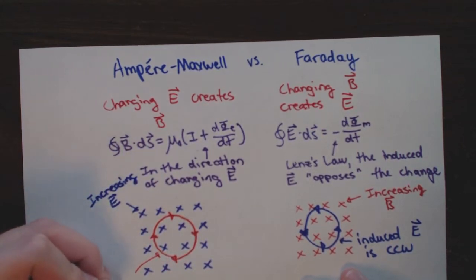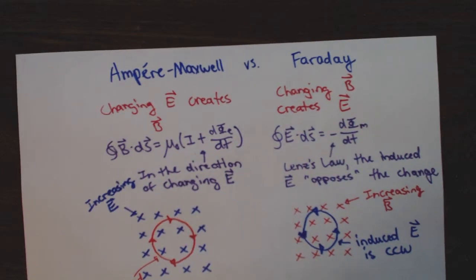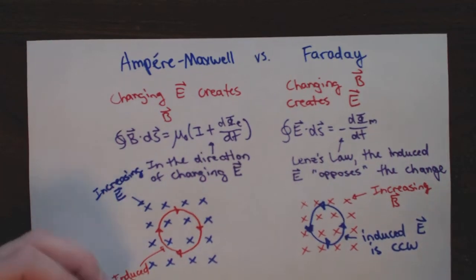So compare the Ampere-Maxwell situation to the Faraday situation. In the Ampere-Maxwell situation, for increasing E, if you point your thumb in the direction of increasing E, your induced B is in the direction of your fingers. Whereas for Faraday, it's the opposite. And again, that's kind of from Lenz's law.